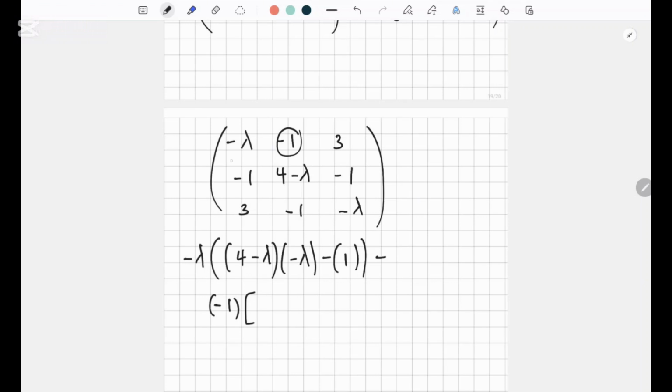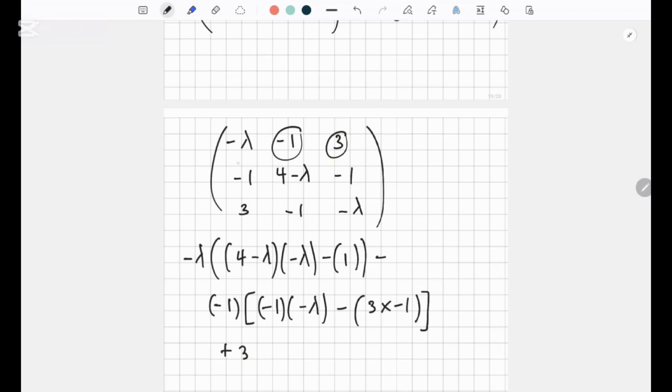So now you cross the first row and the second column. And then you end up with, you can see, right? Minus 1, 3, and left. So it's going to be minus 1 into minus 1 into minus lambda, minus 3 into minus 1, plus your final step, 3 plus 3.